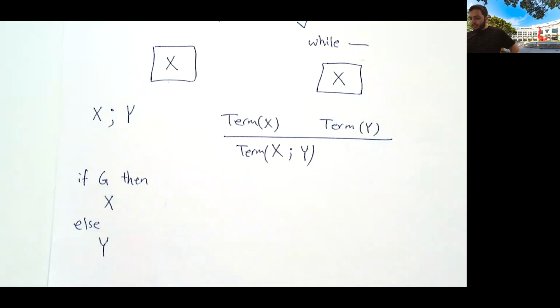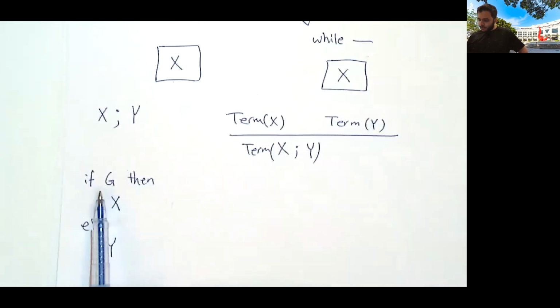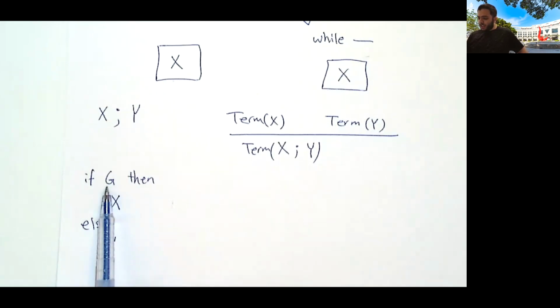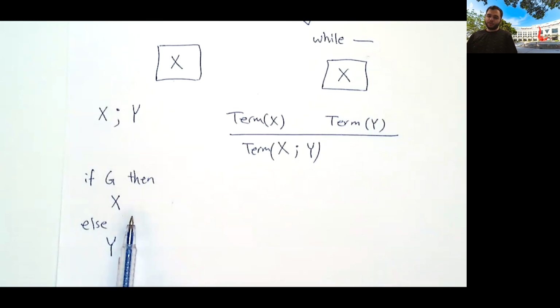But there's actually a little bit more that we can do here. So if this G holds, then I know that at the beginning of X, I have G, right? So I can use G as an invariant at the first line of X, and then find a linear ranking function for the program X that has G as an invariant in its first line.